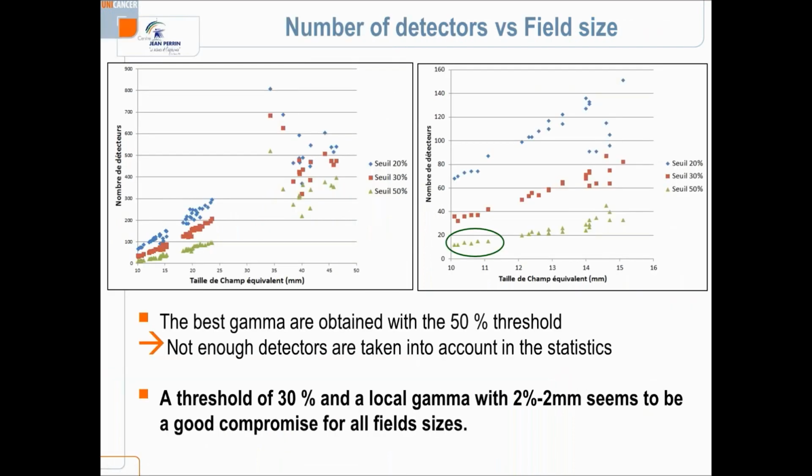But we can see when we have a small equivalent field size, in green, there are not enough detectors taken into account in the statistics. So the first conclusion is that a threshold of 30% and a local gamma with 2% and 2 millimeters seems to be a good compromise for all field sizes.